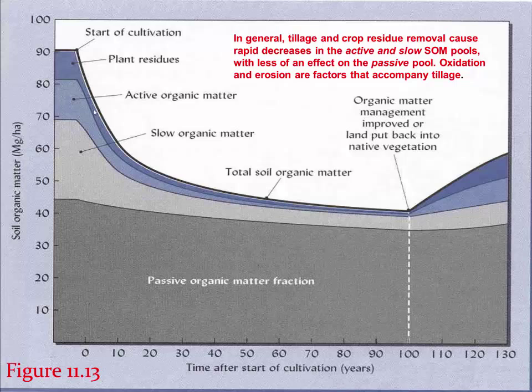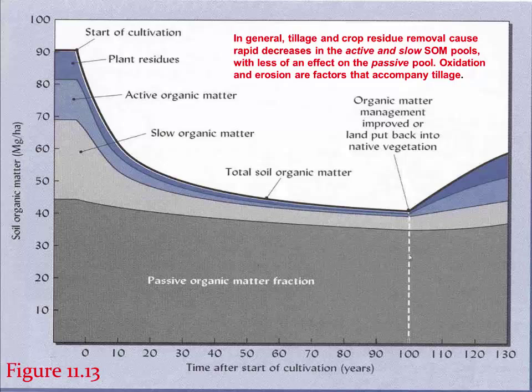And so the plant residues break down faster because they're more available to the microbes, and the active material, if the microbe population goes up, then we have more breakdown of the really easily broken down materials, and then the slower pool comes under attack as well. And so these materials really decrease over time.